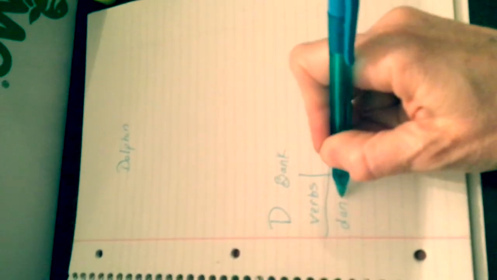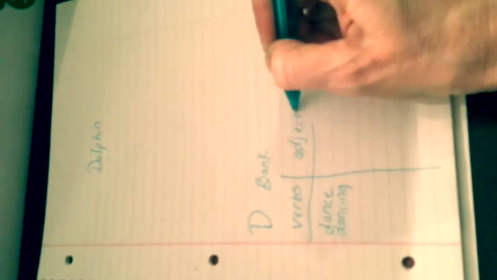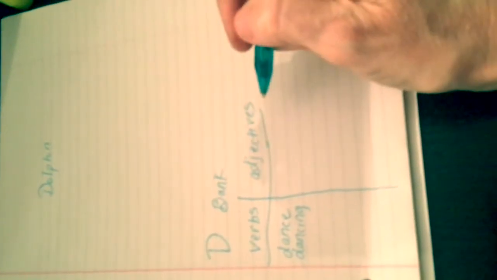So I want verbs, and I can already think dance or dancing or dances. And I want adjectives, words that will describe my dolphin.